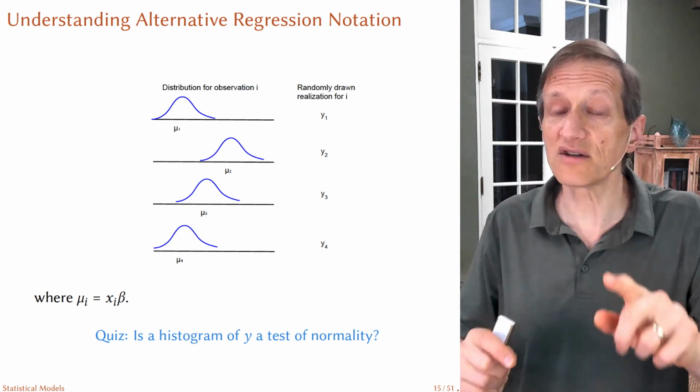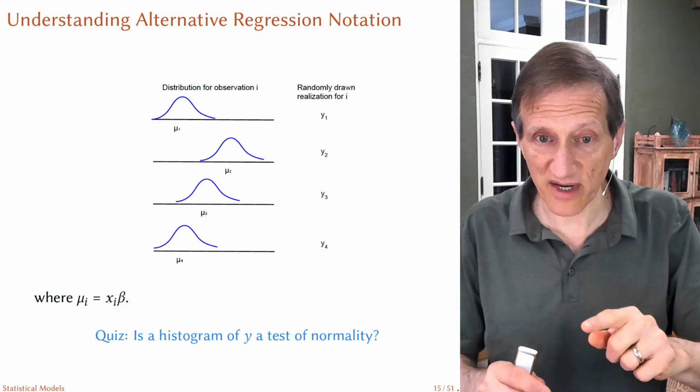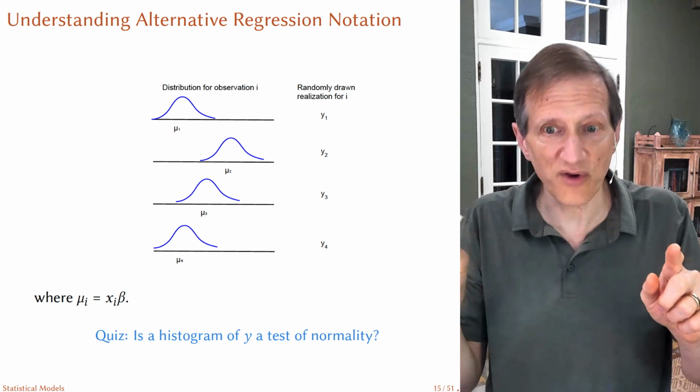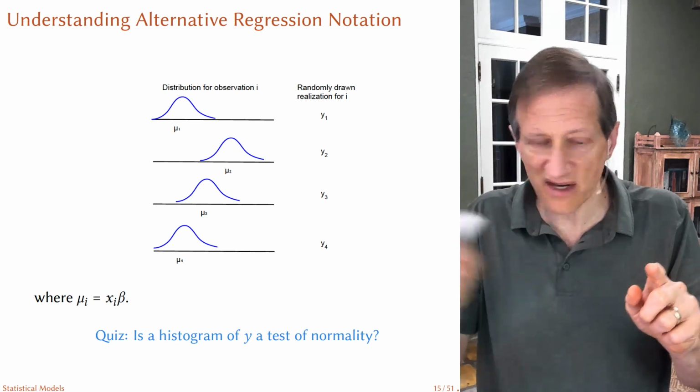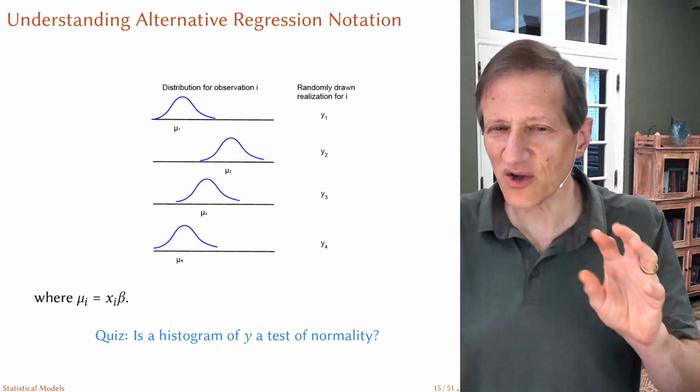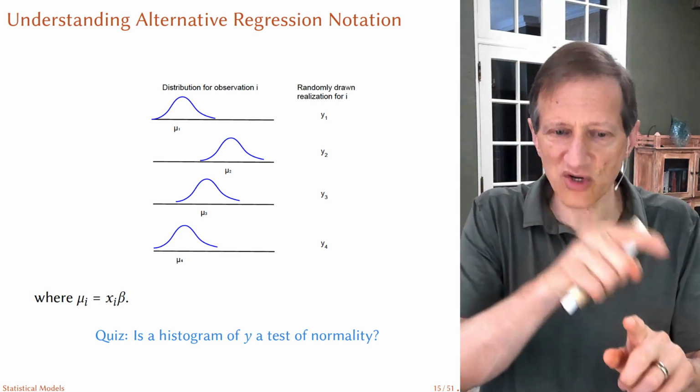The mu is very different for the men and for the women. Maybe the men are here, the women are here, and the sigma is small for each. So we have a little distribution for the men and a little distribution for the women. That means if we plot the y's, we're going to get bimodality.